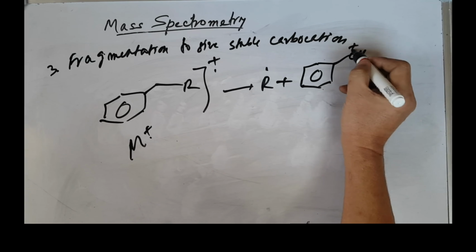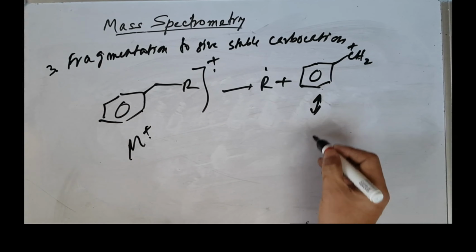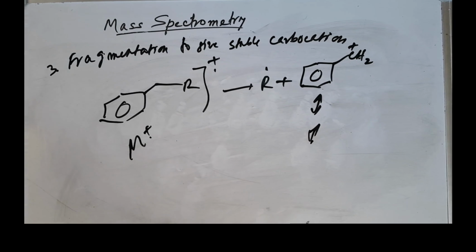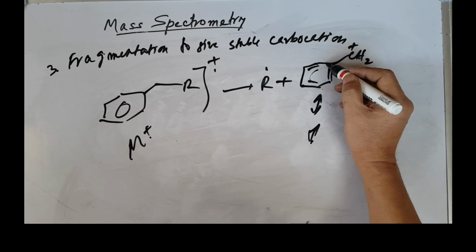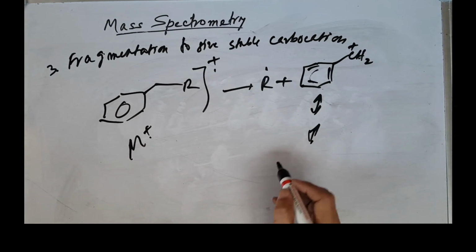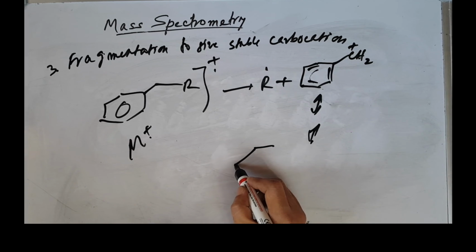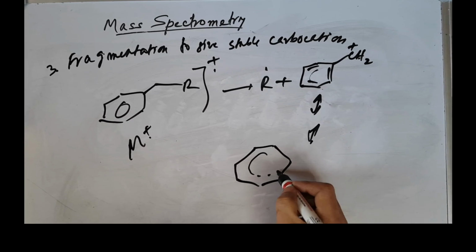So you get an R radical plus this CH2 positive charge. It can undergo many resonance structures. These double bonds can give, or like this also, expand the ring, so you get a seven-membered ring. All of these can carry the positive charge.